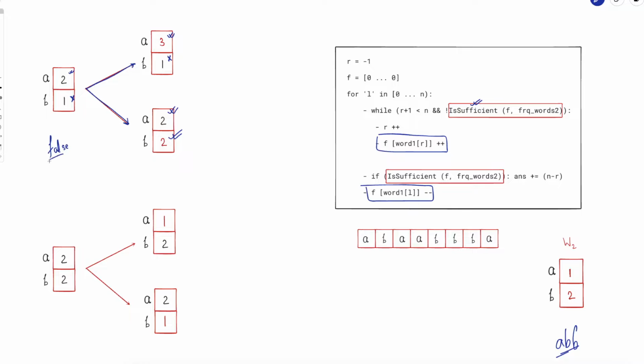You can't simply maintain this false value because this false is false because of B. And if you are changing A, no matter what happens, this false will remain false because only A will change and the rest of the things will still stay the same. Similarly, when you're changing B, you know what is the current count of B, so you can easily say whether B is satisfied or not, but you still need to somehow maintain the information of whether the rest of the characters were satisfied or not satisfied.